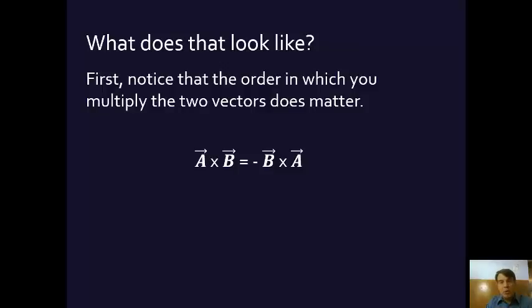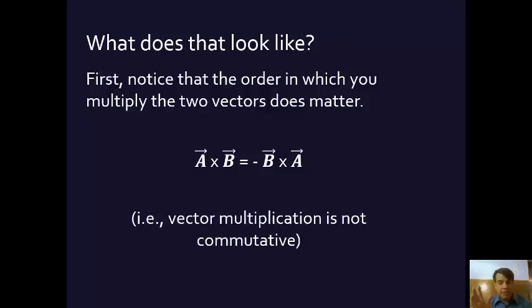The cross product of vector A and vector B is not the same as the cross product of B cross A, but it's going to be the opposite, the negative of B cross A. So the order you do it matters. The commutative property does not work for cross products. Go remind yourself what commutative is. If you understood what I said, you don't need to know the label for it.